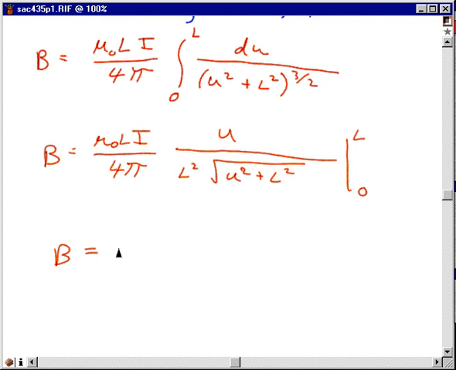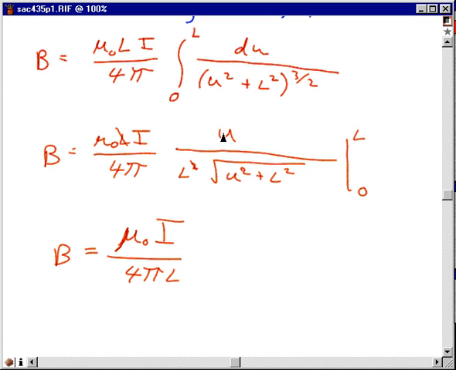So B is going to be mu sub 0. That's the permeability of free space. Don't confuse that with a u. Actually, one of these L's will cancel out. So I'll go mu 0 I over 4 pi L. And then that L is a constant, so I can factor that out.